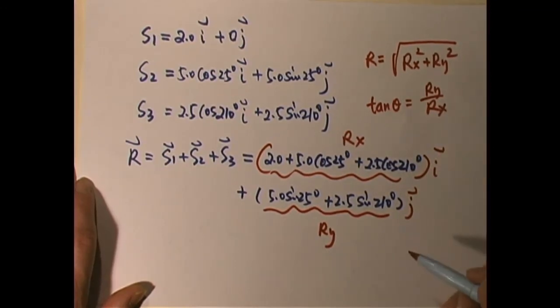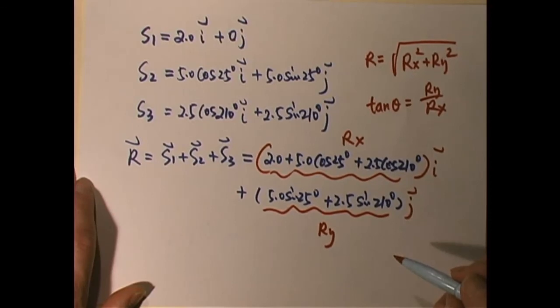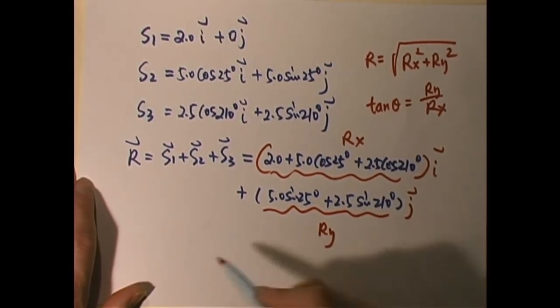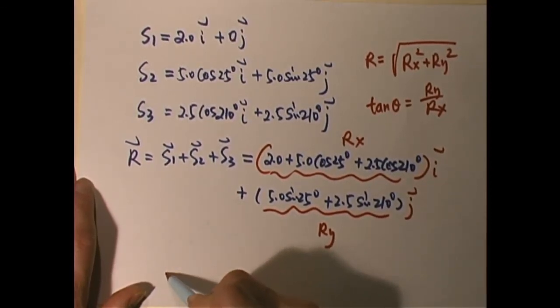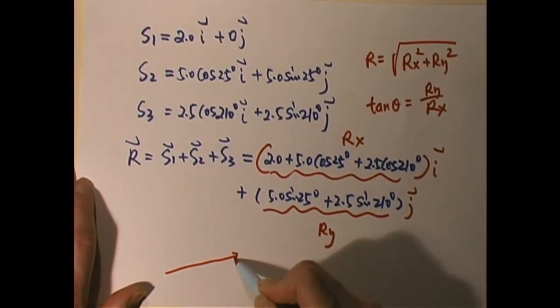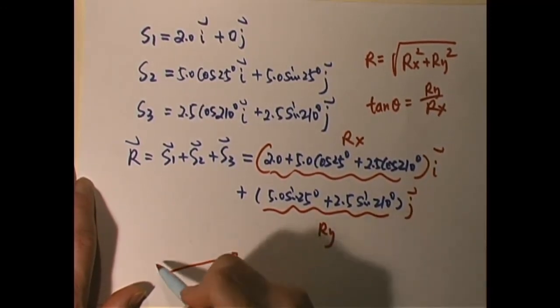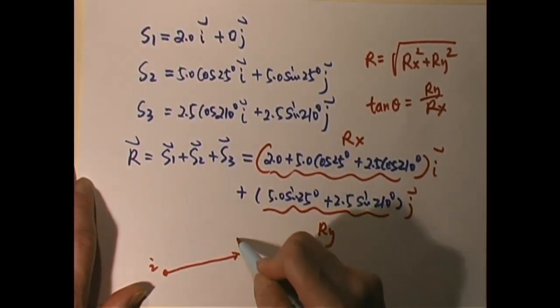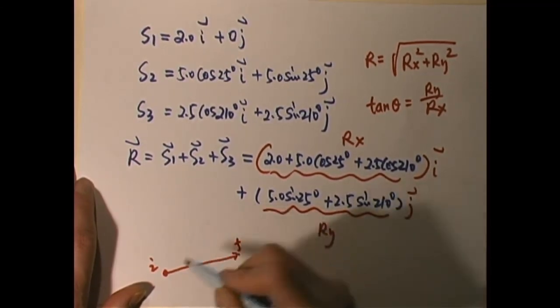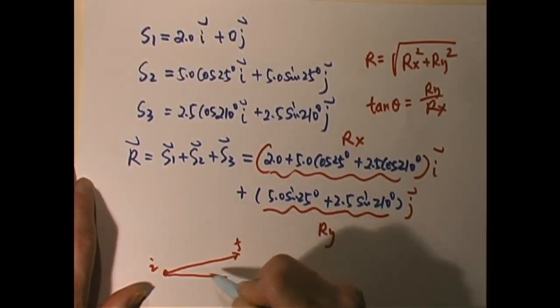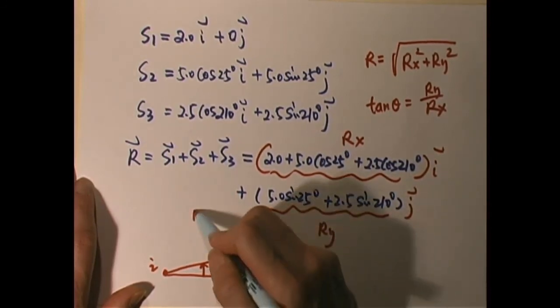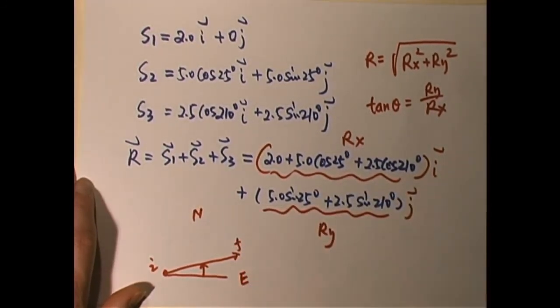And from the graph, we can tell it's something like that, because this is the initial point and that is the final point. So eventually our angle is something degrees north of east. That is the final position.